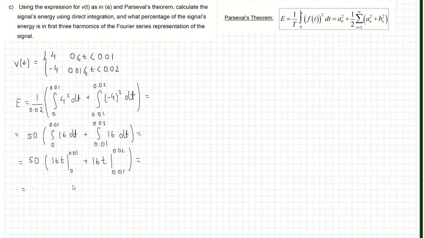That is equal to 50 times 16 times 0.01 minus 0, plus 16 times 0.02 minus 0.01, and that is equal to 16. So the total power of our signal is equal to 16.